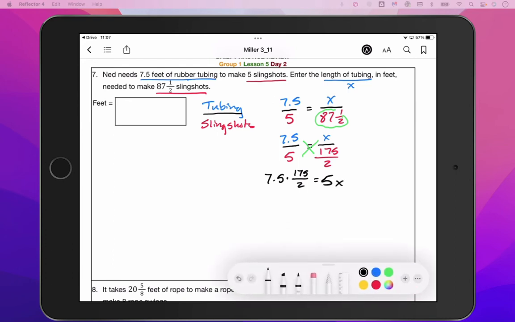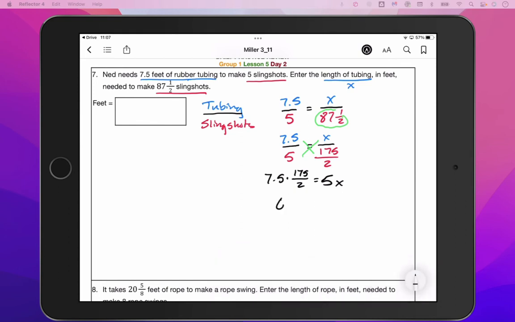When we do that, you can just put that right in your calculator, and you're going to get 656.25, or 656 and 1/4 would also be true, equals 5x.